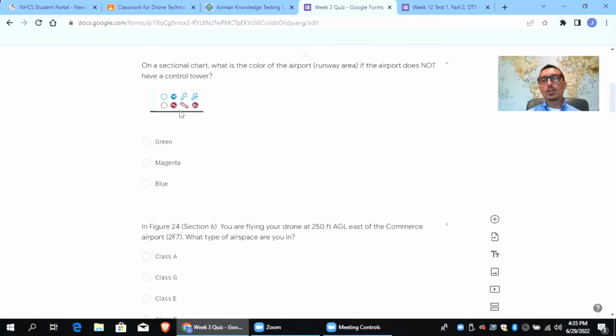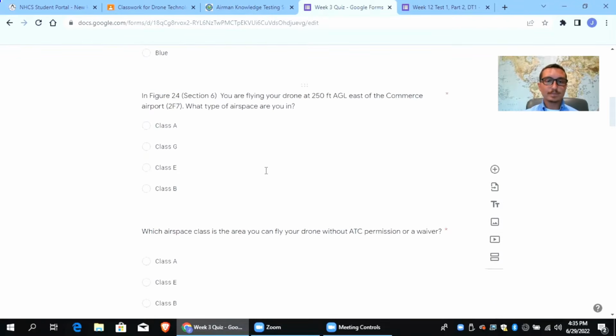But they want you to know about manned aircraft, because if the FAA is concerned about anything, they don't want you to run your drone into a manned aircraft. That's what they're most worried about, because when airplanes crash, people die, and that's what they do not want. So they are going to ask you a lot of manned aircraft questions, even though you're flying a drone. That's just what it is, okay?